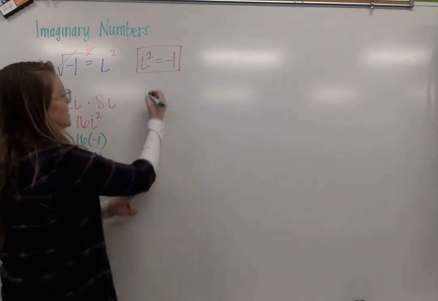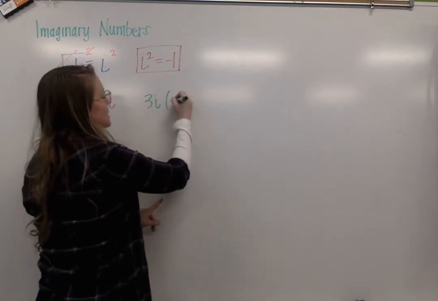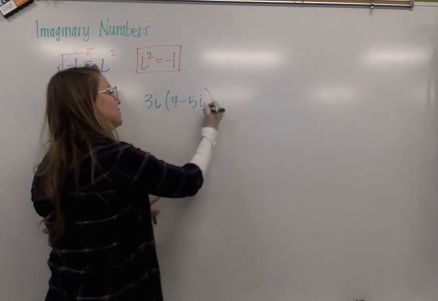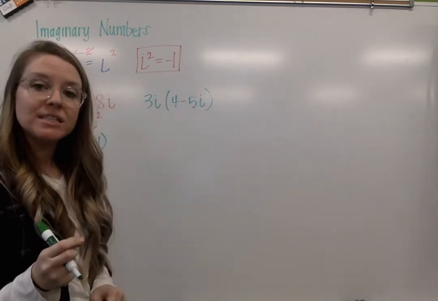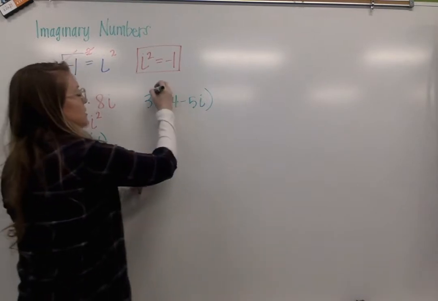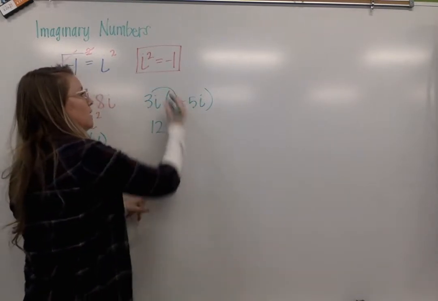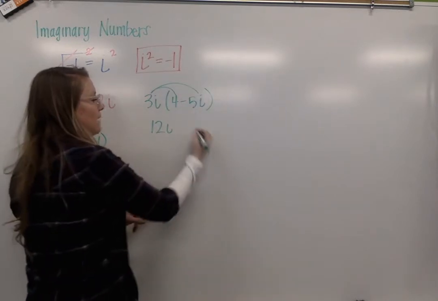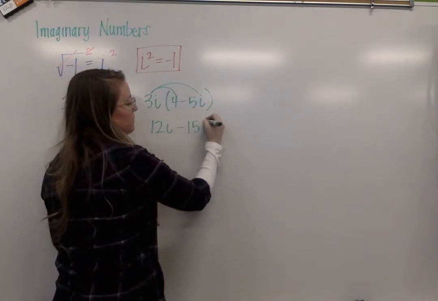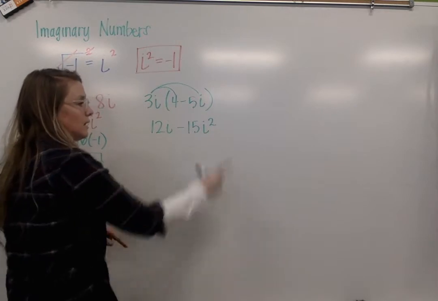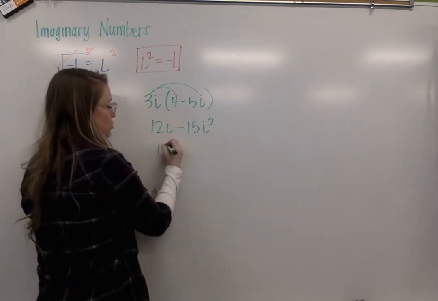Okay, next example, 3i times 4 minus 5i. So we still have to remember our distribution. So I'm going to take 3i times 4, which is 12i, and 3i times -5i, which is -15i squared. Again, we're going to make that substitution.